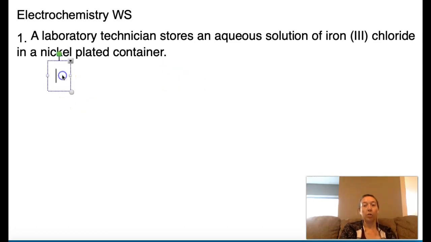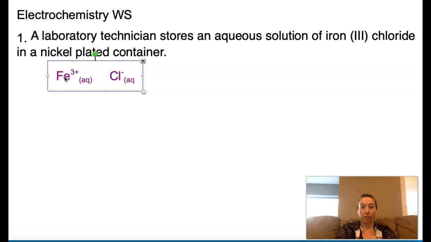So we're told an iron 3 chloride solution. So that means we have iron 3 ions, right? Because iron 3 chloride is ionic, so we need to break that apart. We have chloride ions, right? So that's accounting for the ions that we have in iron 3 chloride. Then we have a nickel-plated container. So a nickel-plated container would just be nickel, okay? So we're only going to have ions from things that came from ionic compounds.